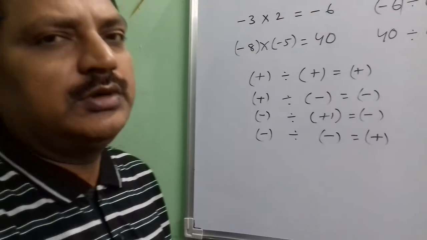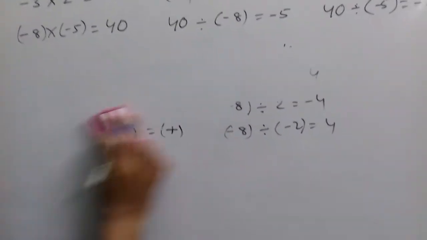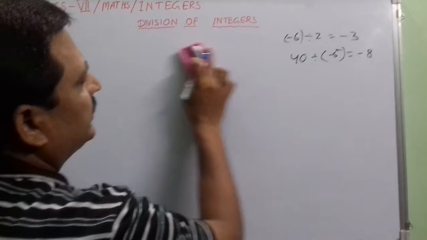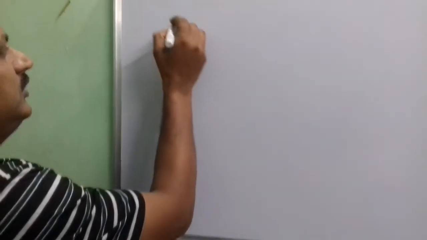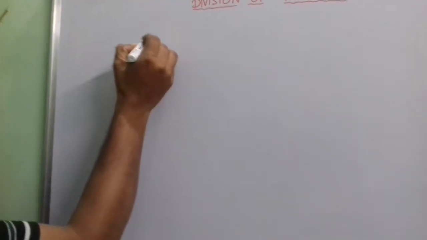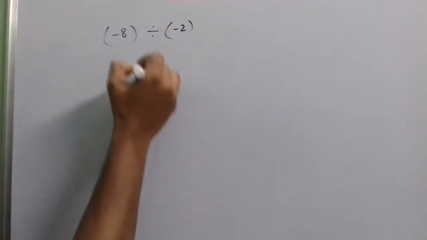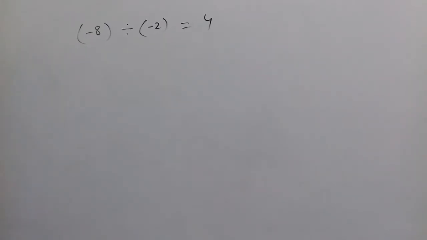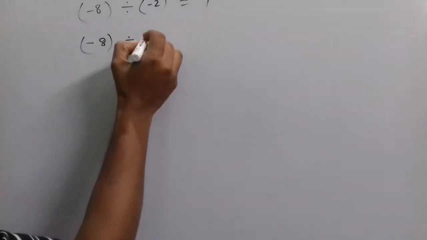Now let's look at some of the properties of integers. As you have learned different properties like closure property, commutative, associative, distributive, etc. If we think about closure property, when we divide integers, minus 8 divided by minus 4 gives you 4. But what about minus 8 divided by 3?